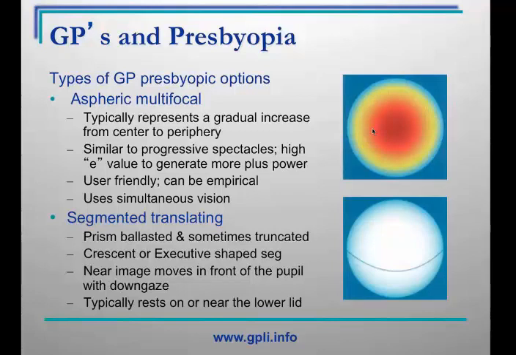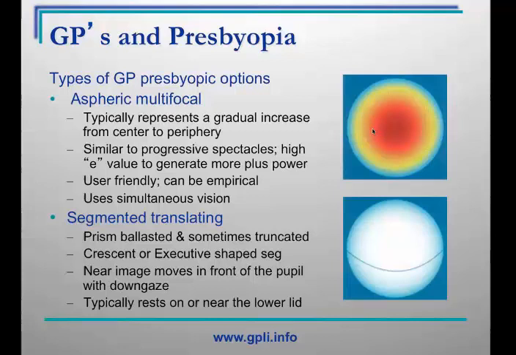These are very user-friendly. You can almost always order these empirically, just submit K's or corneal topography readings as well as refraction and add to the laboratory, and you'll receive lenses that either result in first fit success or get you very close. They also use the simultaneous vision principle and the fact that there will be several powers in front of the eye at the same time.